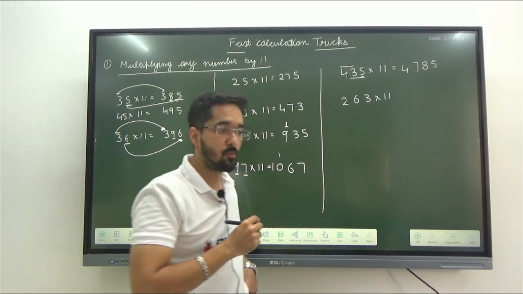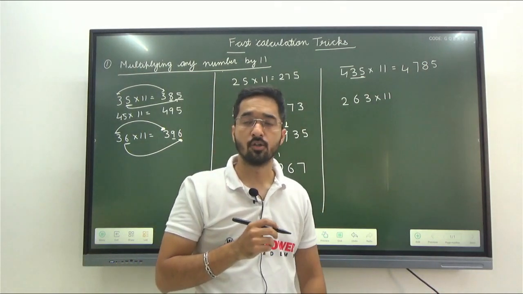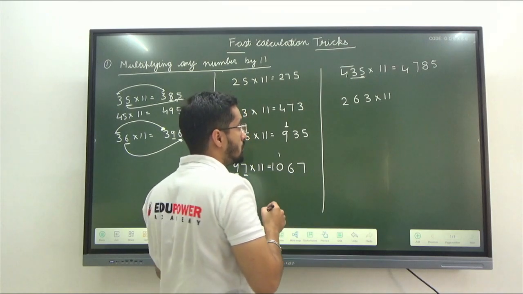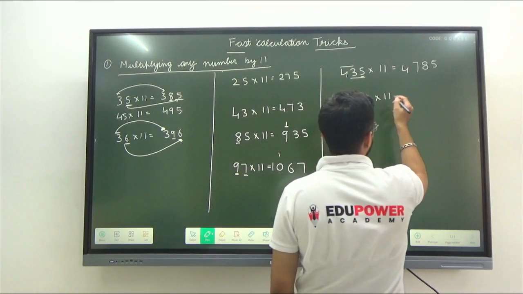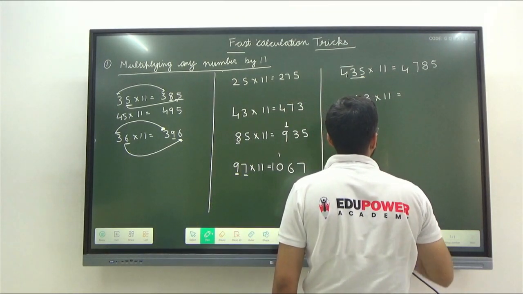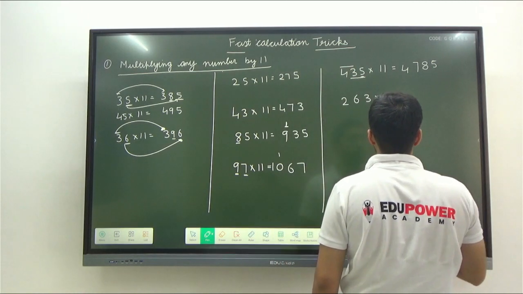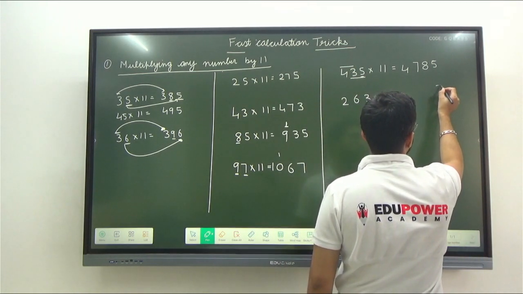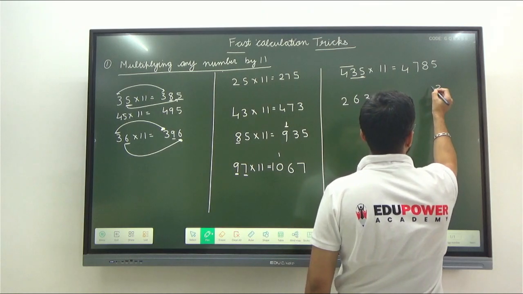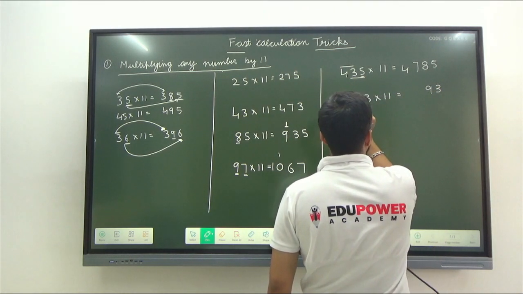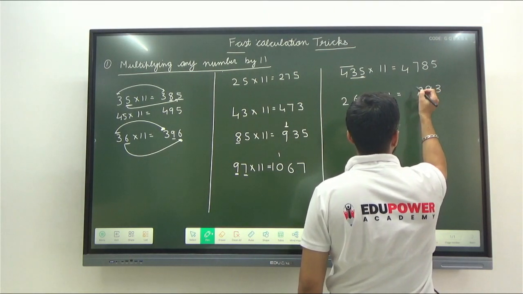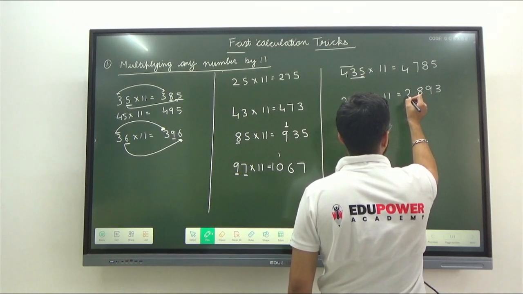So the answer will be 4785. Okay. Now 263 into 11. So how do I find 263 into 11? 3 as it is, 6 plus 3, 9, 6 plus 2, 8, and then I write 2.